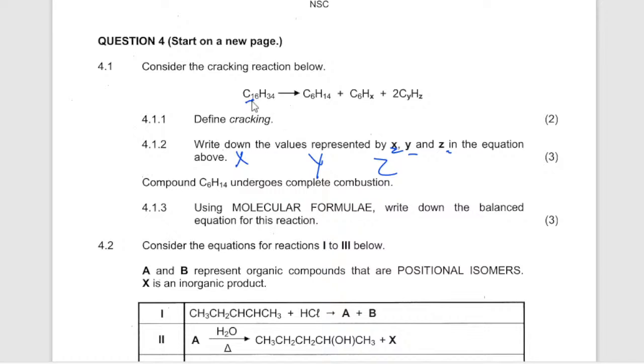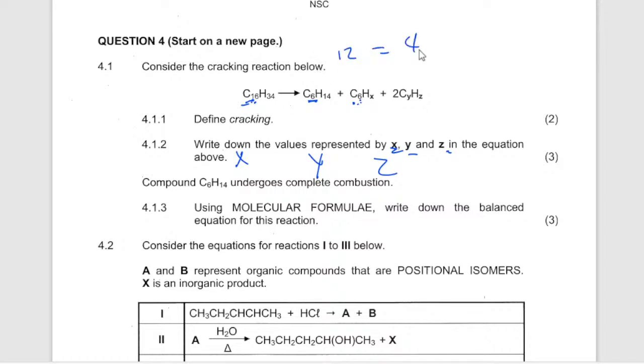Carbon, 6 carbon. 6 carbon. So this is 16, and it's 6 plus 6, which is 12. What is short here?